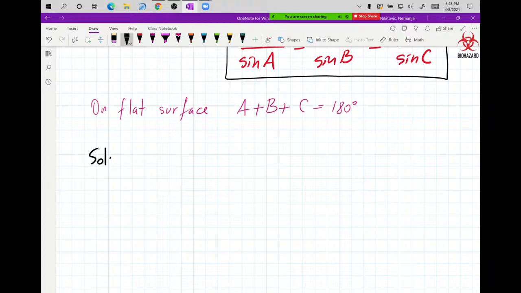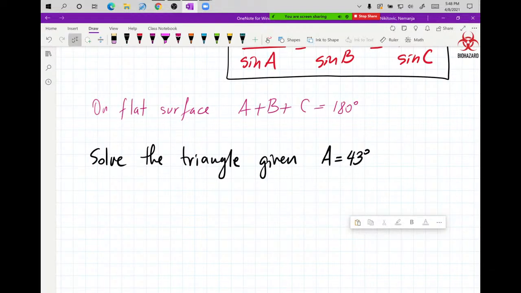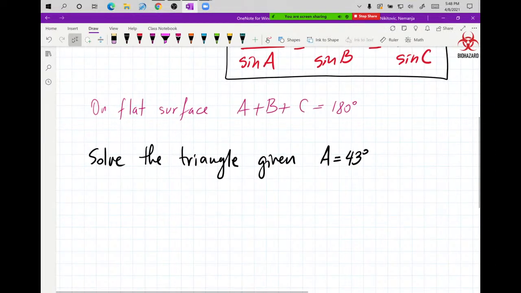So, solve the triangle given that, and I'll just make up some stuff. Let's say angle A is equal to 43 degrees. Angle B, let's say, is given as, I don't know, 60 degrees.